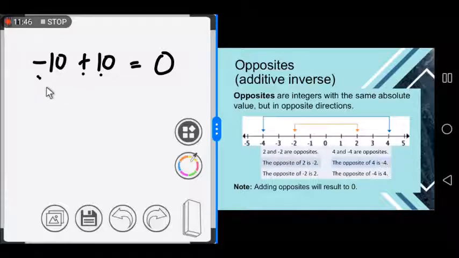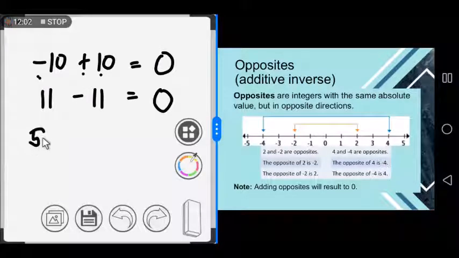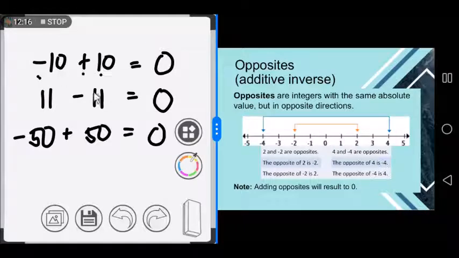Another example, positive 11 and negative 11. 11 minus 11 is still 0. One positive and one negative. Another, negative 50 plus 50. Negative, positive. So the result is 0. These two numbers are what we call opposites.